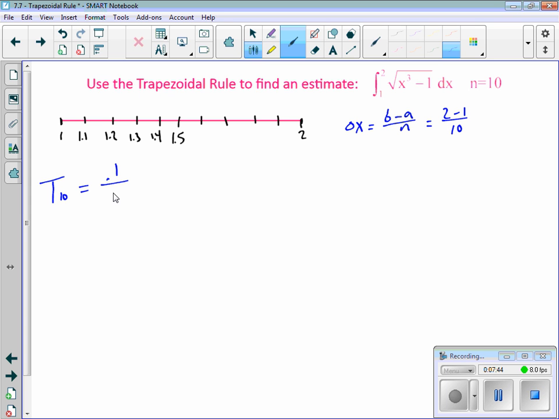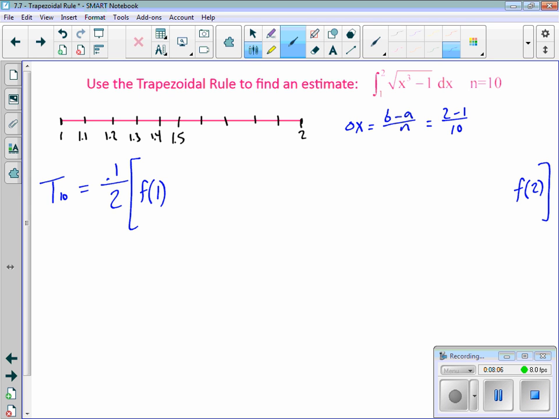And then we're dividing by what all the time? 2. And then we're going to find the function value at what first? At 1. The very last one should be the function value at 2.